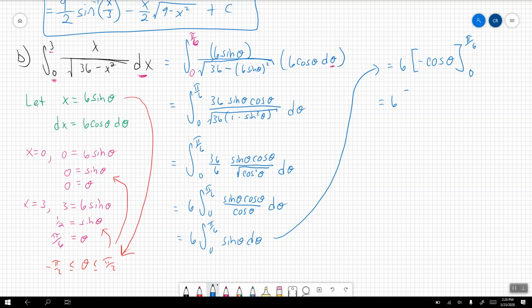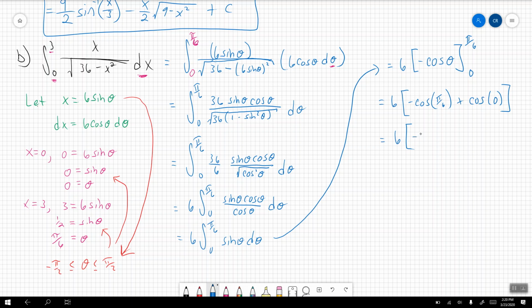So making that evaluation now, that's going to be negative cosine at pi over 6 minus the negative, so that's going to be plus cosine at 0. Cosine at 0 we know to be 1. Negative cosine at pi over 6, doing some work there, that should be root 3 over 2.